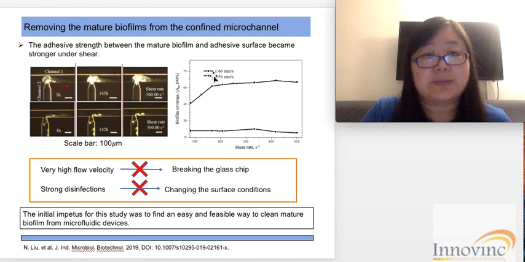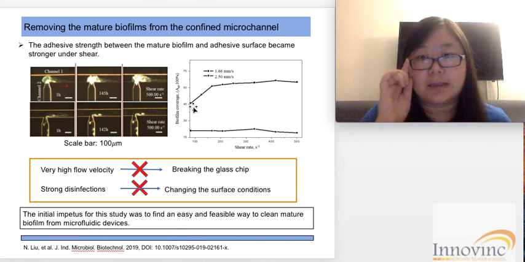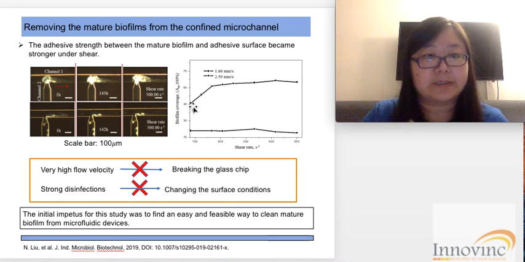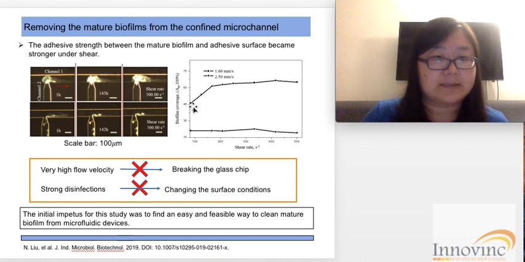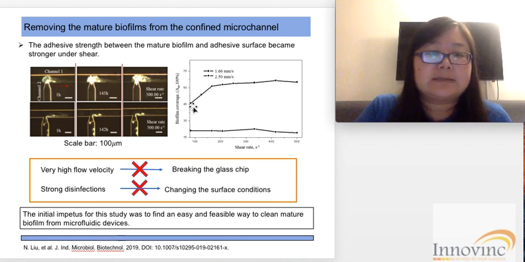And in experiment 1, in the beginning there's some increase, probably because the increased shear stress promotes mass transfer between the external solution and the biofilm inside. So it's difficult to find a way to clean the microchip for repeated experiments, because we cannot use very high flow velocity.